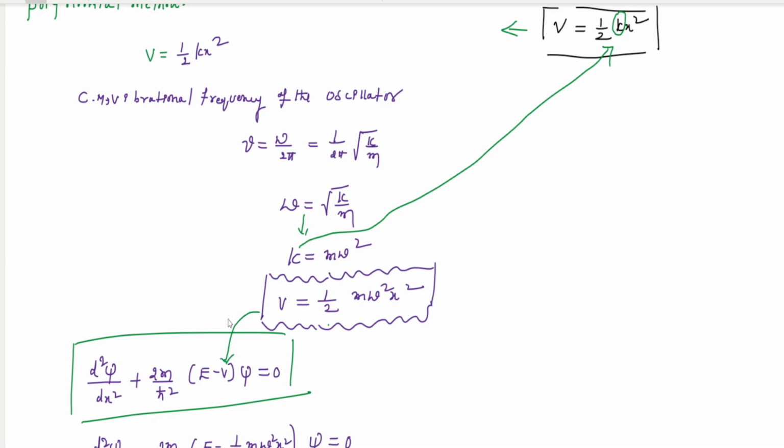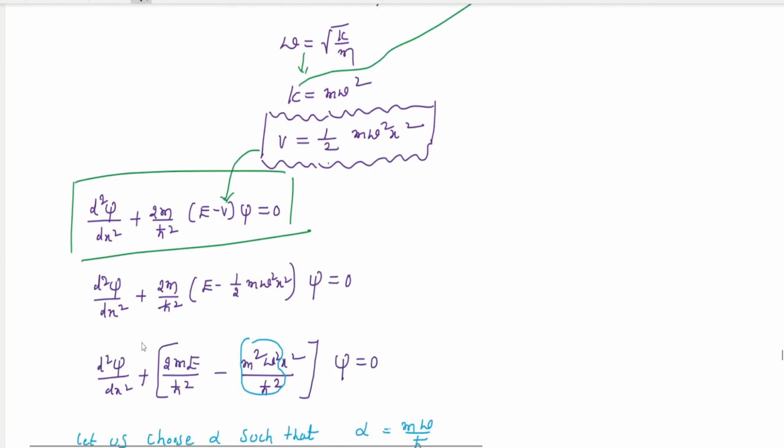Okay, then I can get this solution. Then if you multiply 2m divided by h cross square first here, next here, then you can get these two steps.